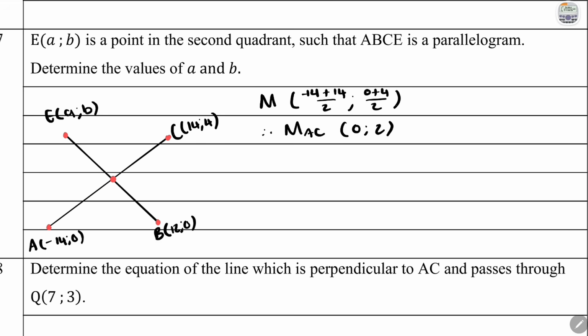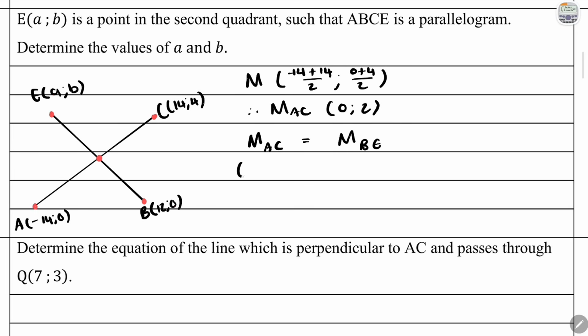Now because the shape is a parallelogram, we know that the midpoint of AC is exactly the same as the midpoint of BE. So 0 and 2 is the same as the midpoint of BE. The x value is a, so we have a plus this x value of 12, x1 plus x2 over 2, and then b plus 0 over 2.